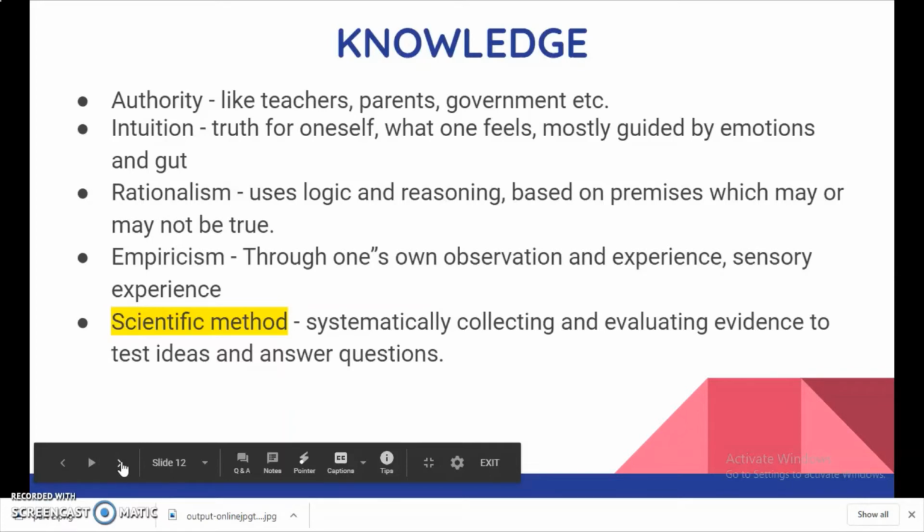Whatever you are measuring, whatever you are observing will be recorded properly. At the time of evaluation also, it will be based on your data, your evidence, and we will systematically evaluate it. So in the scientific method we are using rationalism and empiricism, but the difference is that in the scientific method we are more systematic.